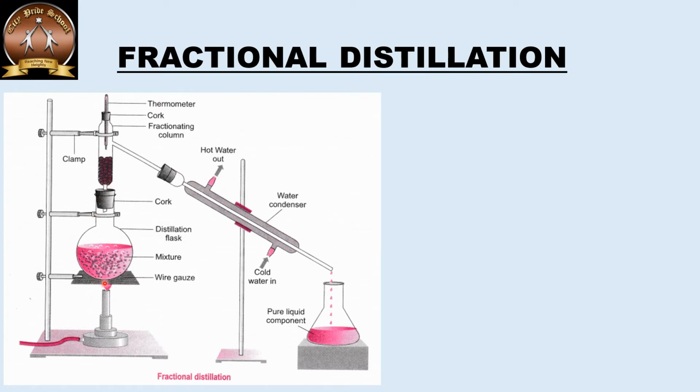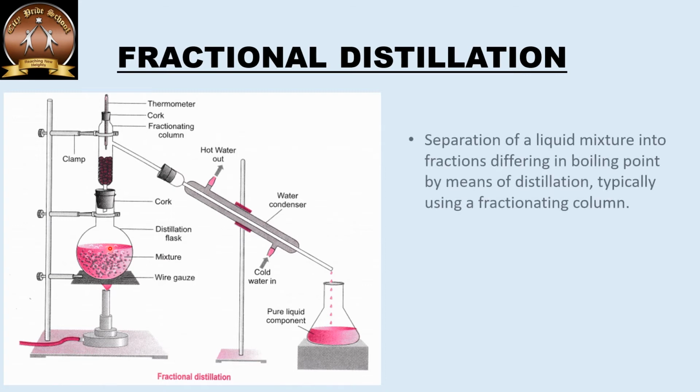Now as soon as the liquid is kept into this round bottom flask and it is subjected to heating, the mixture gets heated up, and the liquid which has the low boiling point as compared to the other liquid will start evaporating. And this fractional distillation is basically used to separate out the components which have a difference in their boiling point of less than 25 Kelvin.